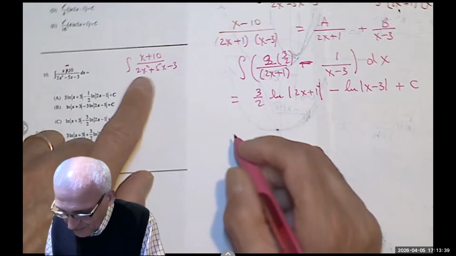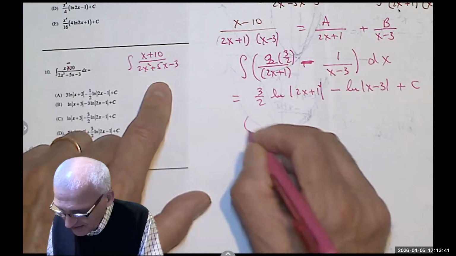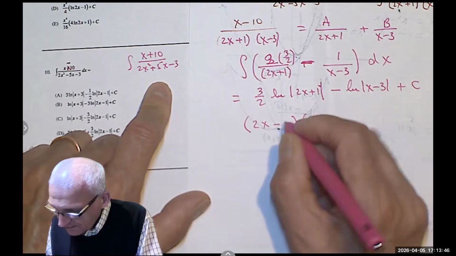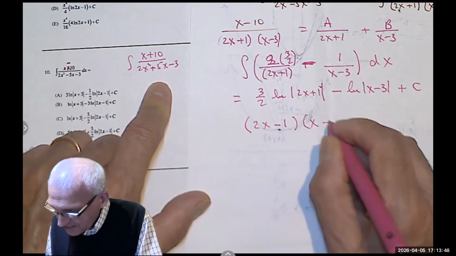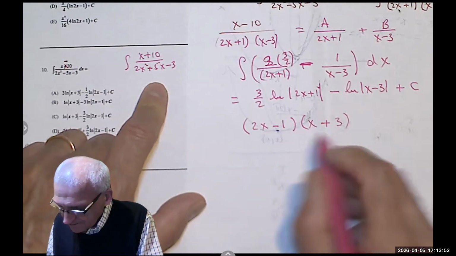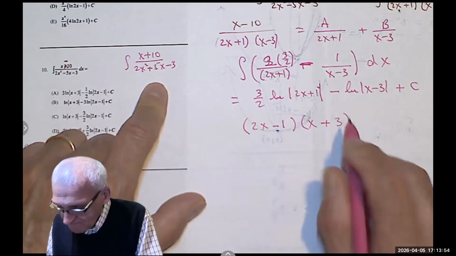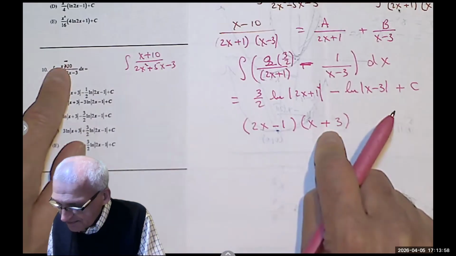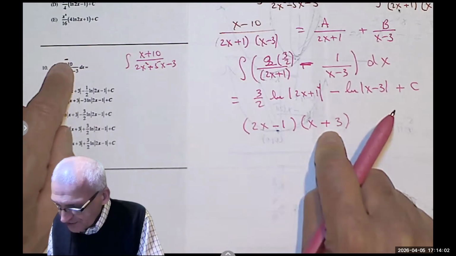So if that was 2x squared plus, so that would have been 2x and x, and this would be minus 1, and that would be plus 3. Yes. So maybe that was x plus 10 then. So the error was at the denominator, not the numerator.